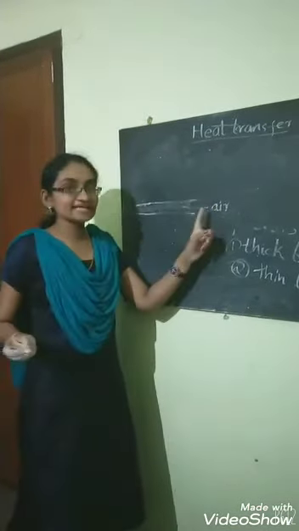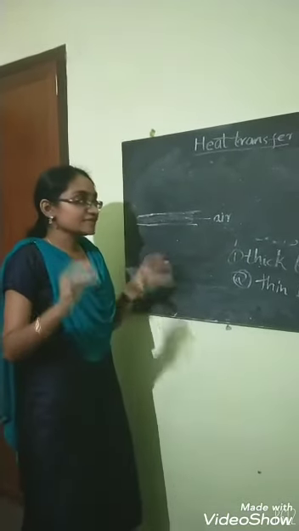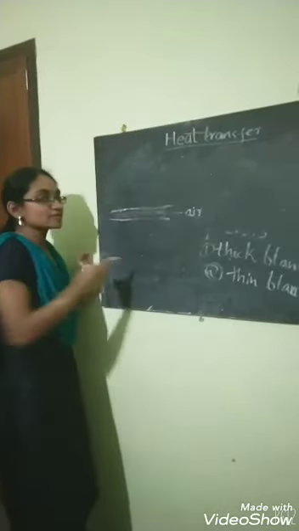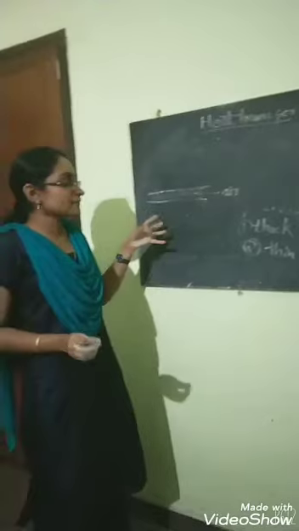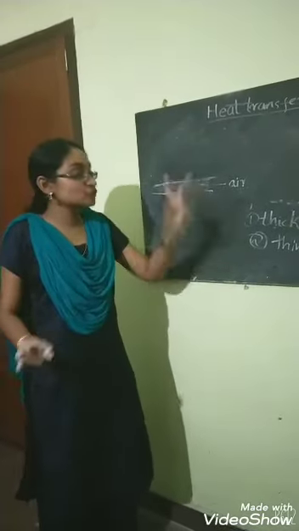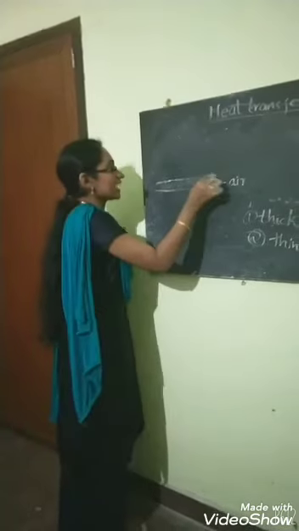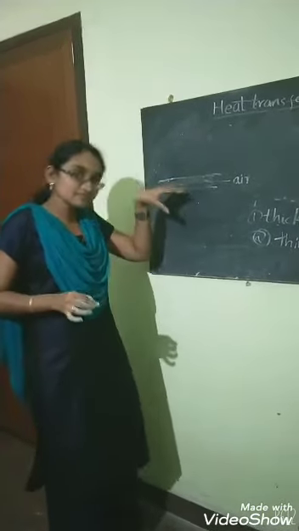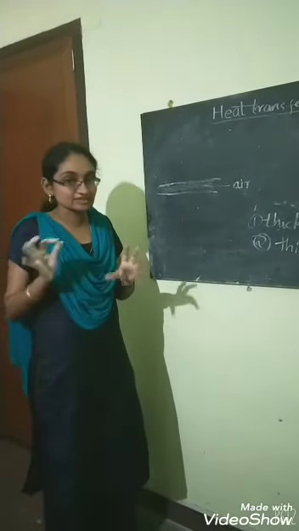You know this air is a bad conductor of heat, and because of this we get warmer than with the thick blanket. This is a question in your textbook, and it is a very important point to remember: we have to select the two thin blankets, because when we put two blankets there is a gap between them, air fills in between the blankets, and this air is a bad conductor of heat.